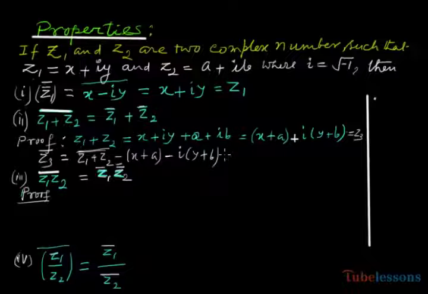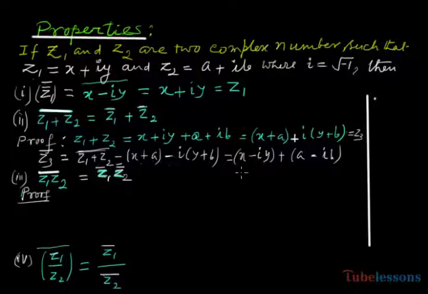Now if you separate these two, x minus iy, another part is a minus ib, and clearly this one is Z1 bar and this one is Z2 bar. Hence it is proved that the conjugate of Z1 plus Z2 is equal to Z1 bar plus Z2 bar.